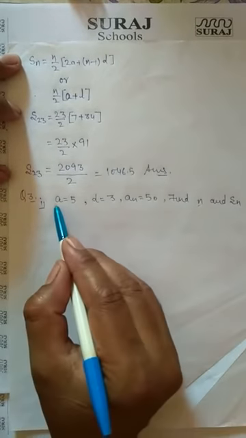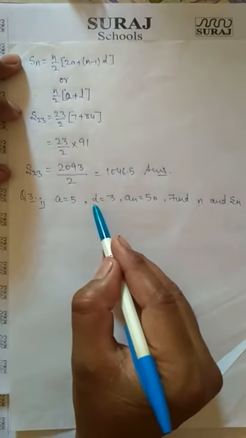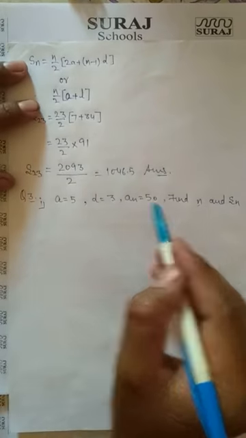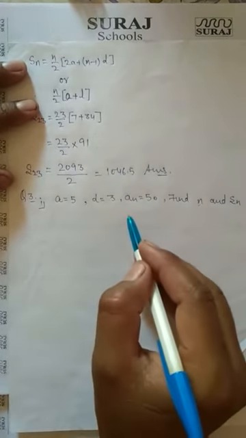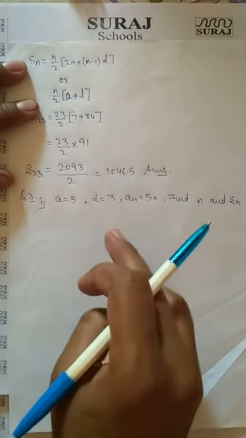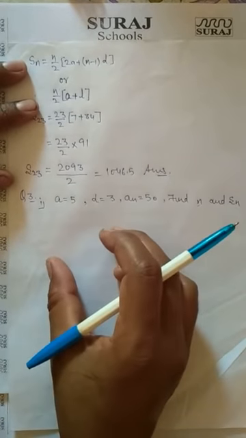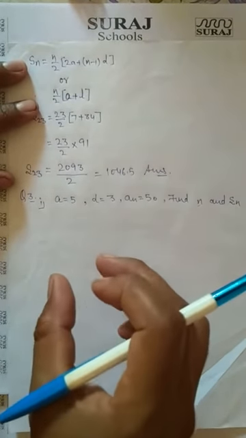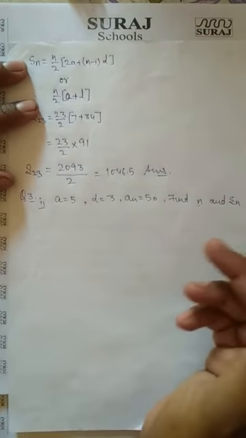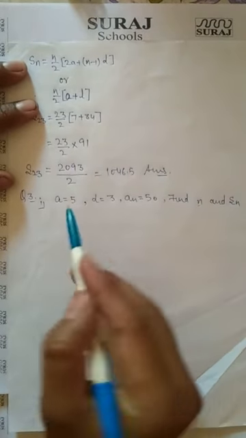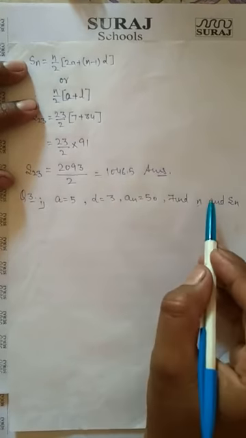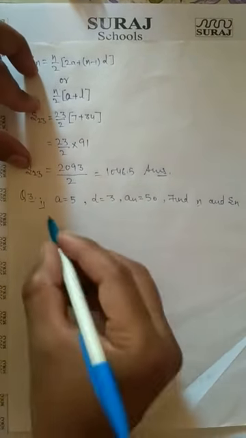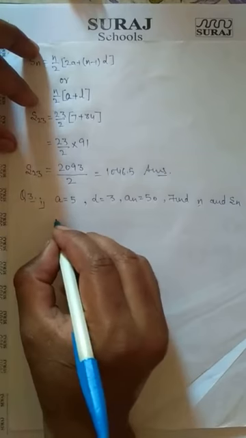So in the Sn formula we have a and d given, but in the an formula we have a, d and an given. So firstly we apply the an formula and from this we find the value of n, and after that we have 3 elements of the Sn formula, a, d and n, then we easily find Sn. Okay beta, let's start.